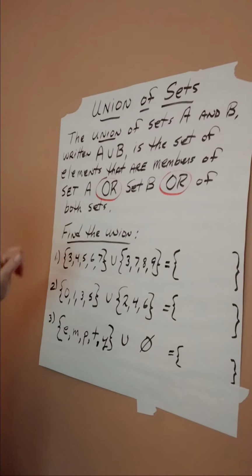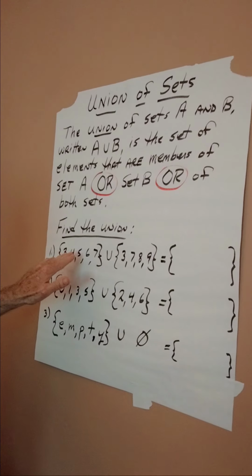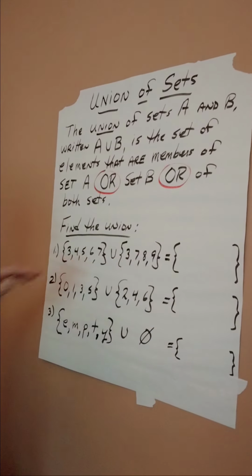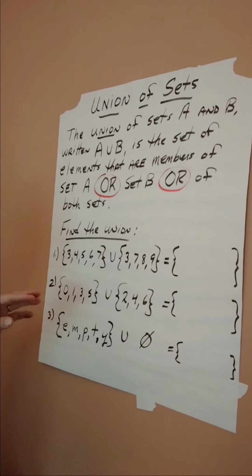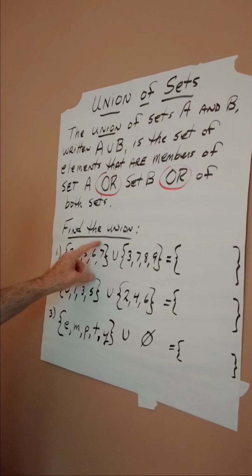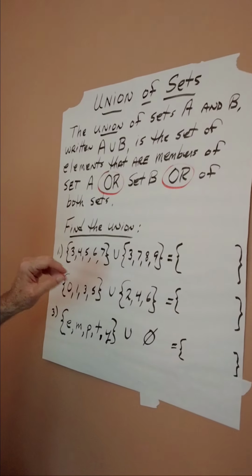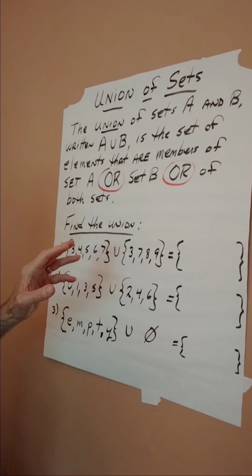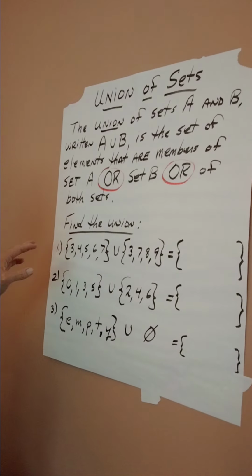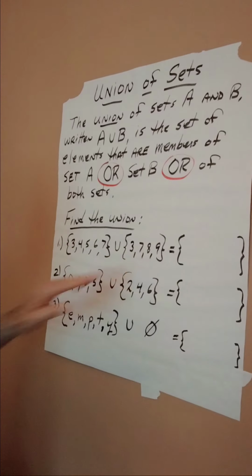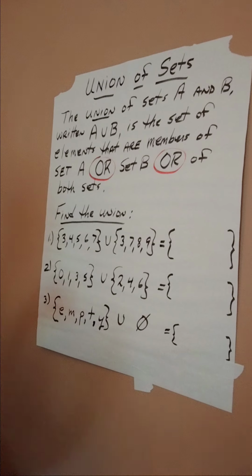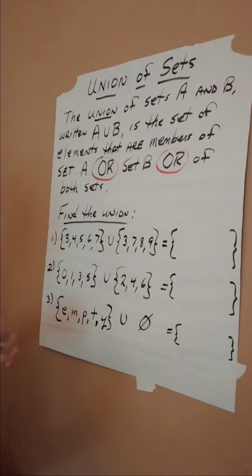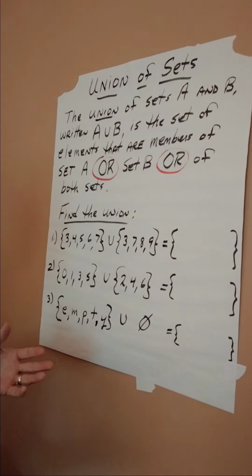In other words, if we are given two sets, the union of those two sets will either be the members that are in one set, or the members that are in another set, or the members that are in both. Union means items coming together, let's say from two different sets.